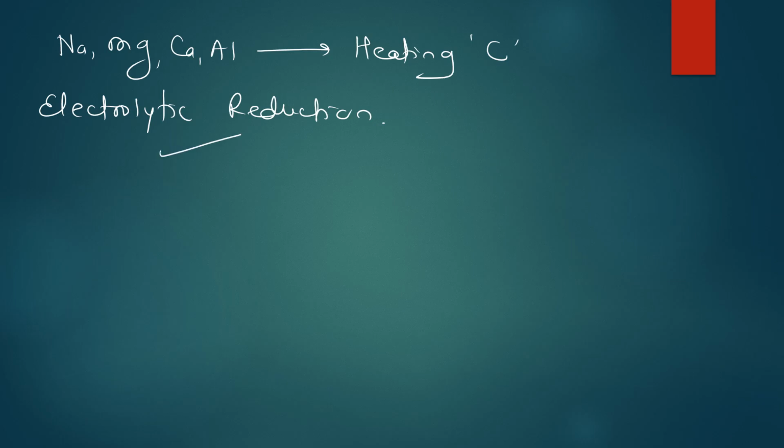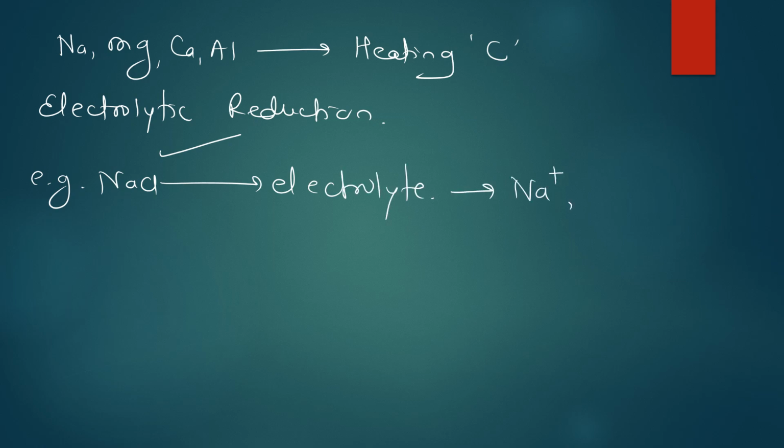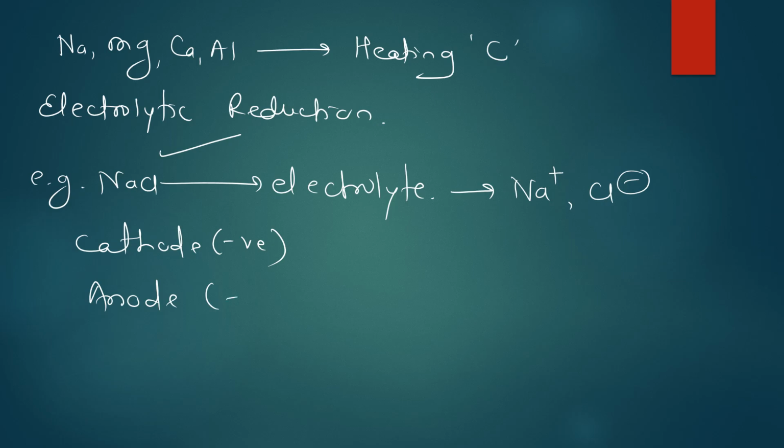So how can we do that? Taking the example of sodium chloride, when you dip it in the electrolyte, we are getting the two ions, Na plus and Cl minus, right? These plus and minus ions go to the cathode, which is negatively charged, and the anode, which is positively charged.